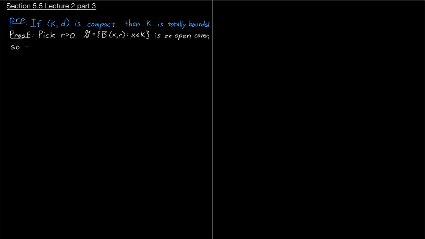So there is a finite subcover, which we can write as B(x_j, r).